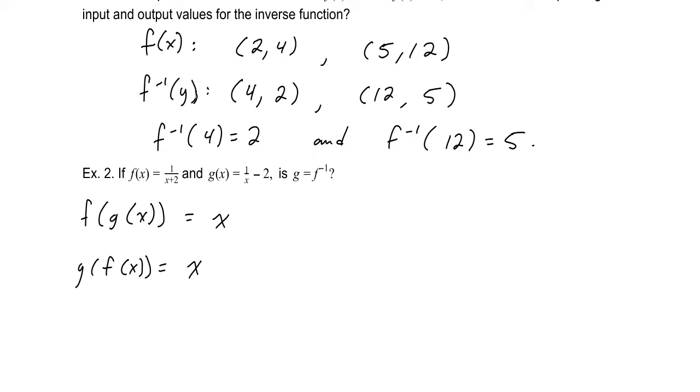One of those two must be true. They're actually equivalent. If you show one, you've then shown both. So all we need to do is isolate one of those. I'm going to work with f of g of x.